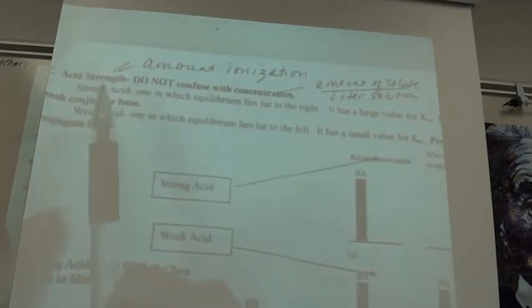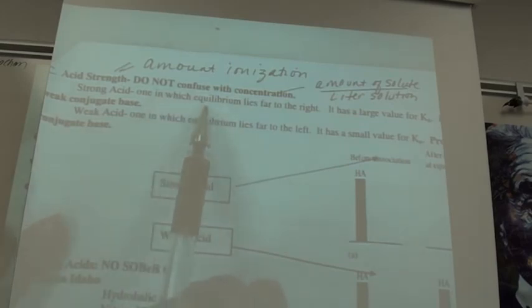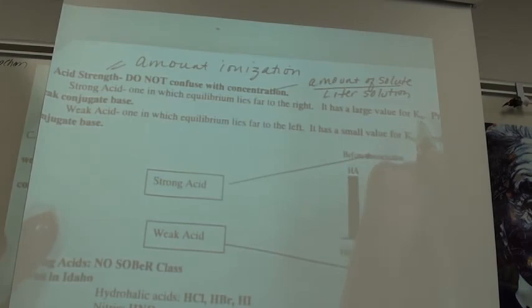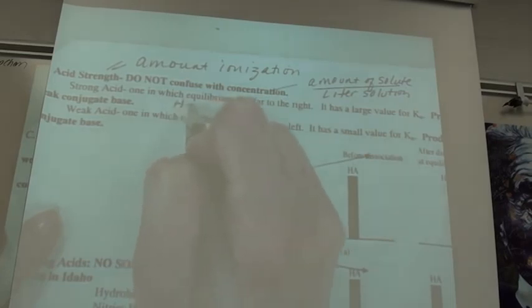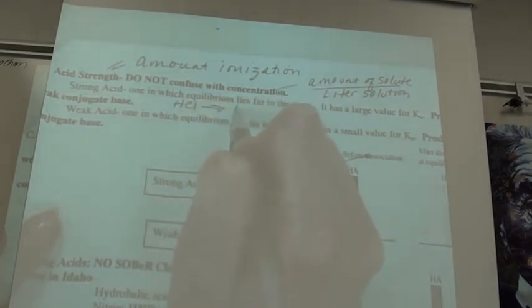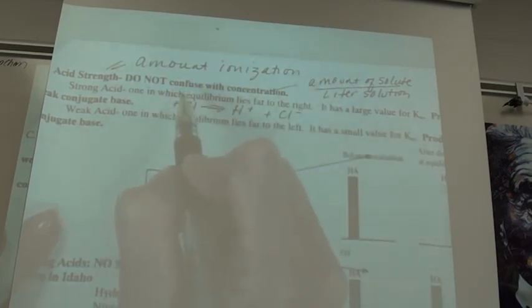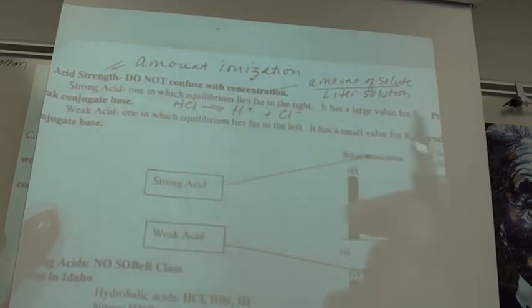A strong acid is one in which the equilibrium lies far, far to the right. It has such a large value for Ka that they don't even publish it. You can think of it as going to completion. All of the acid that you start with ends up as the ions.